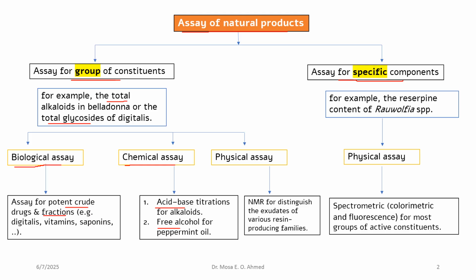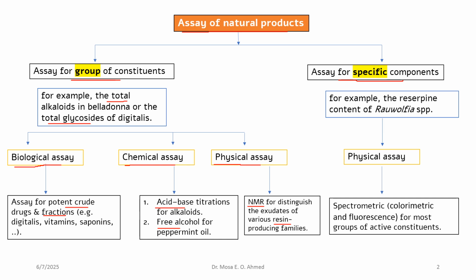Also, assay of group constituents can be achieved by physical techniques or physical assays, such as use of NMR to distinguish exudate from various regions producing it, through distinguishing the chemical structure, mainly the carbon and hydrogen bonding in the molecule.